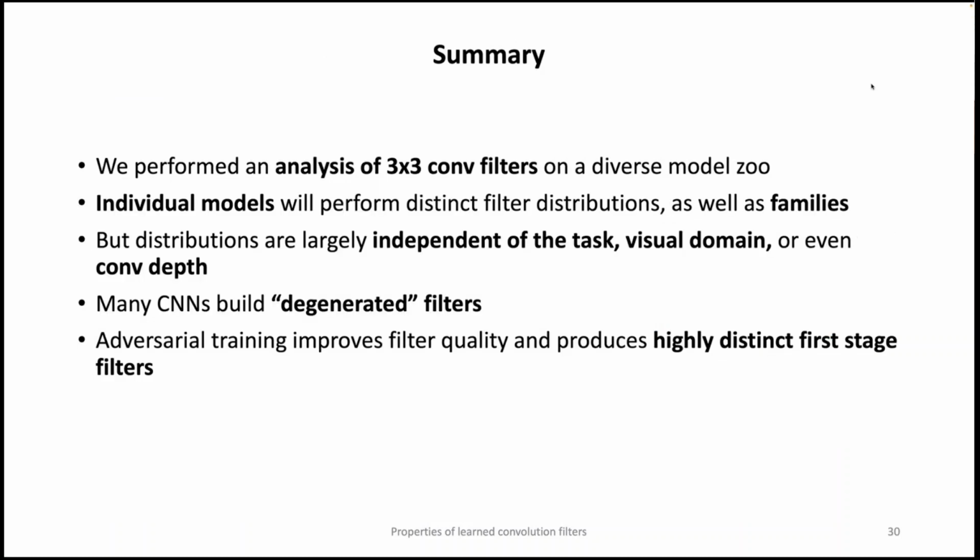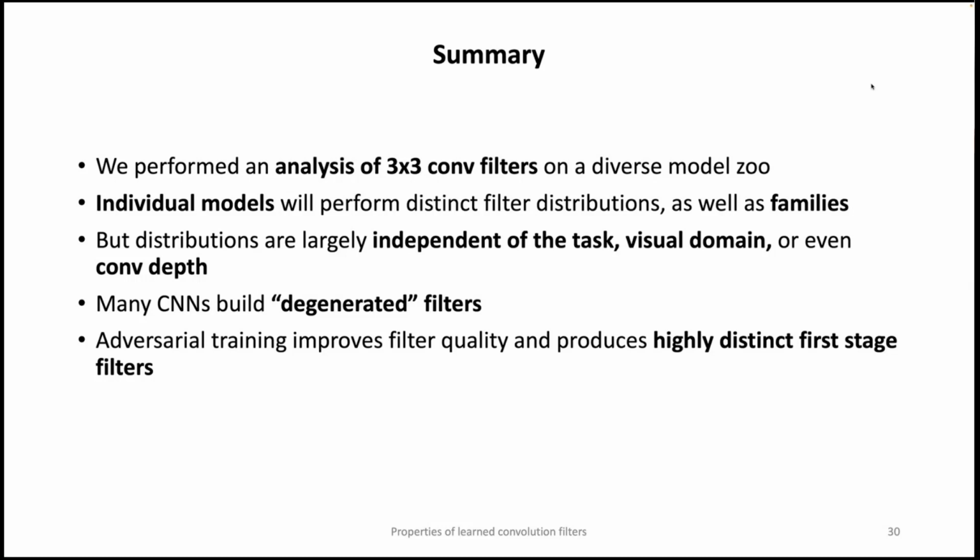So in summary of the entire talk today, we've done an analysis of 3x3 convolution filters on diverse model zoos. And we have seen that if you compare individual models, they will form distinct filter distributions, and so will families. But if you compare the average on the task, on the visual domain, or the convolution depth, then the distributions become largely similar.